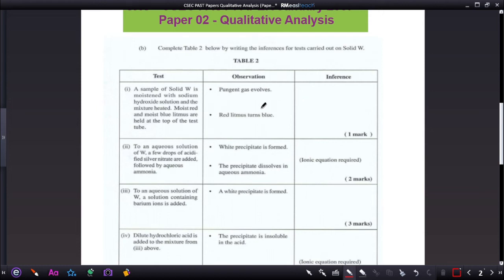So the pungent gas evolved would be due to ammonia. Ammonia gas is present. Or ammonia gas was produced.